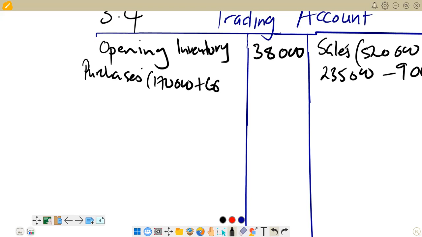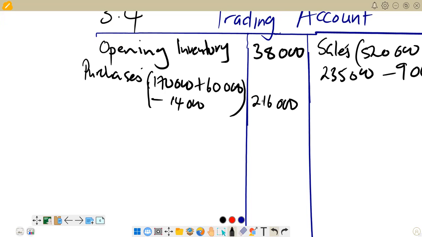Then we are going to subtract the purchase returns, which are 14,000. Then we get the net purchases figure that we are going to put here. So if you make the calculation correctly, we're supposed to get 216,000. So here we've got 216,000. Right, so this is what we have there.